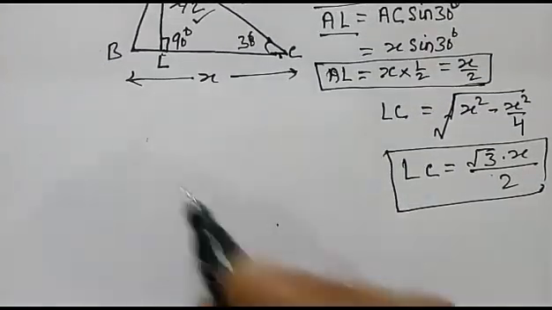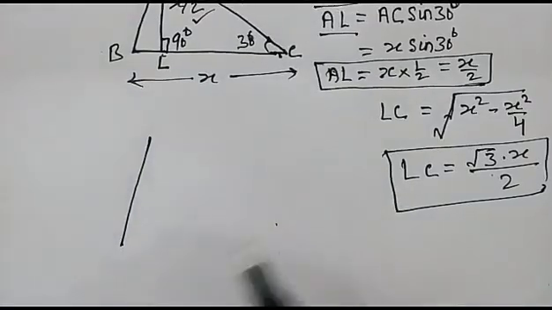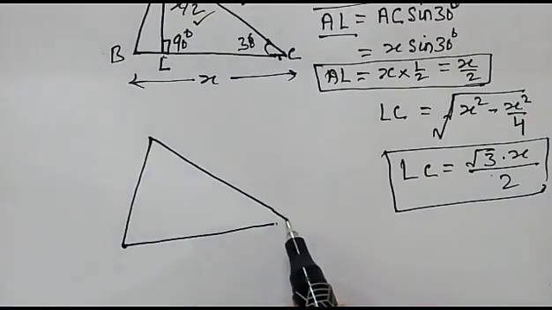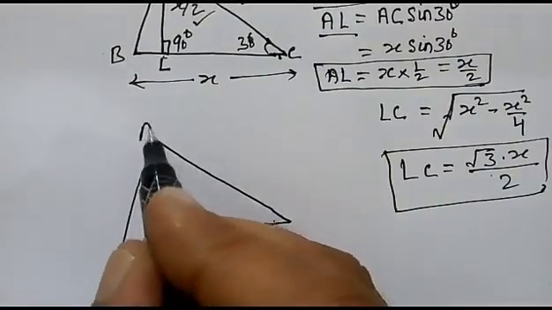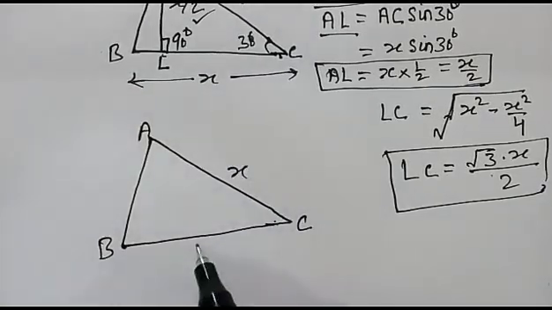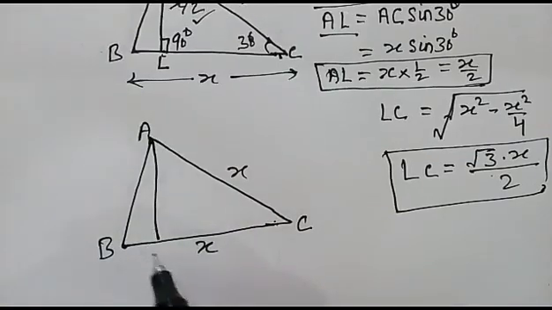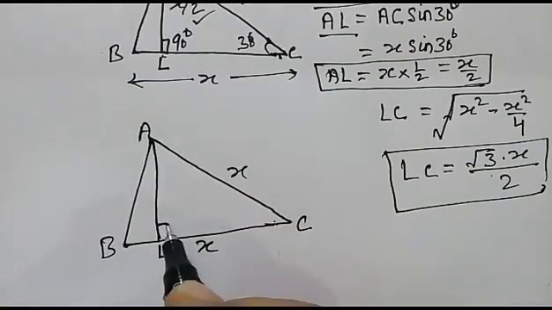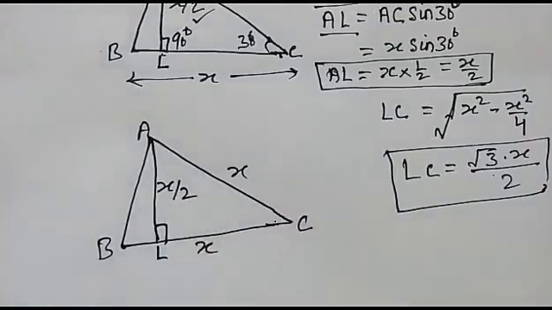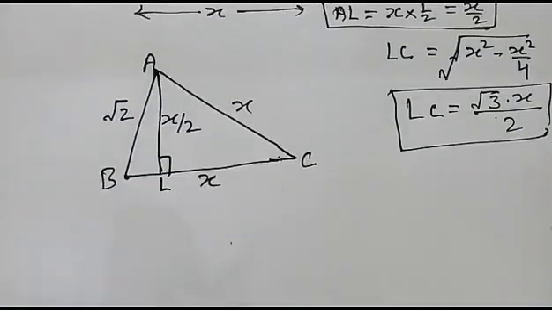Okay. Now we go to the third step. A, B, C, x, perpendicular L, this is x by 2 and square root of 2, right?